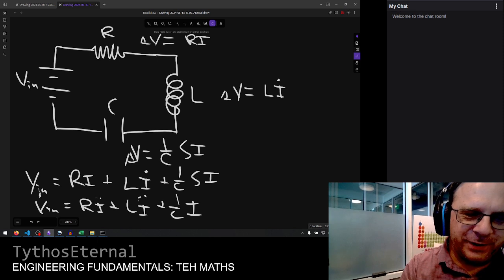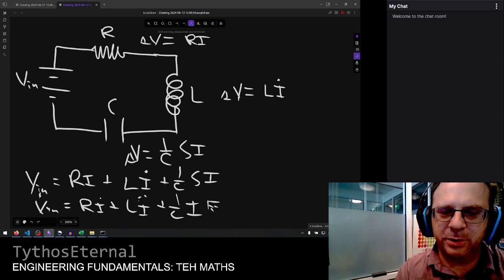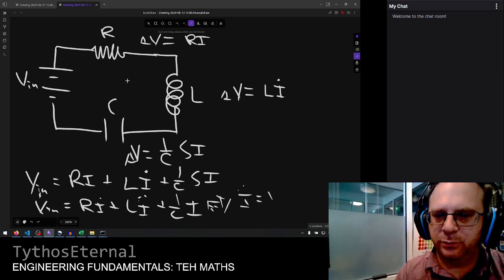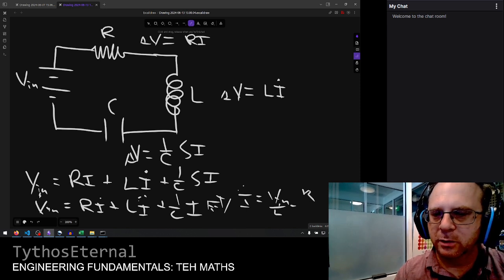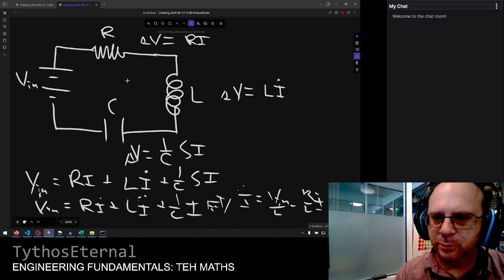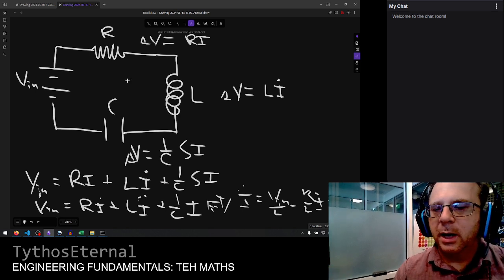Try to ignore this. Let's rewrite this. I knew the L was on the bottom. Okay, so i double dot equals V in over L minus R over L i dot minus 1 over LC i. Okay, there we go. That's a little bit better.